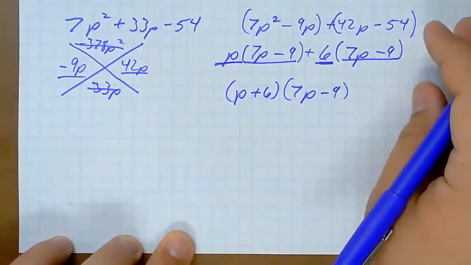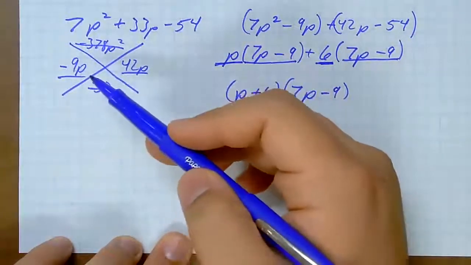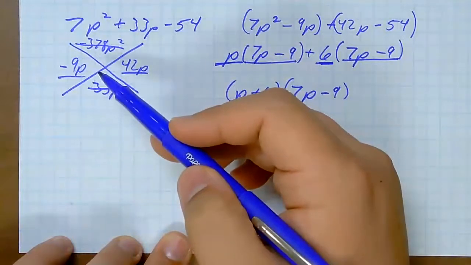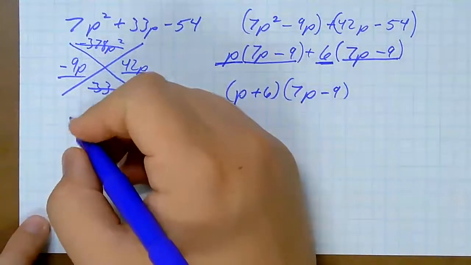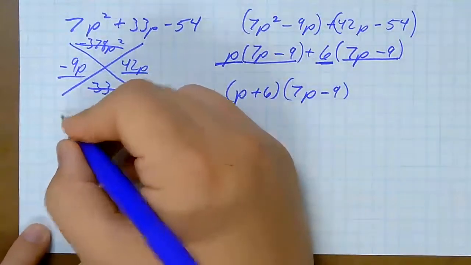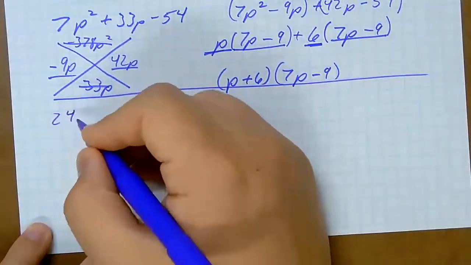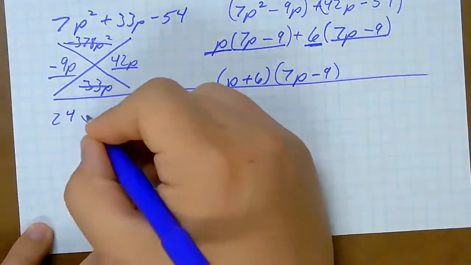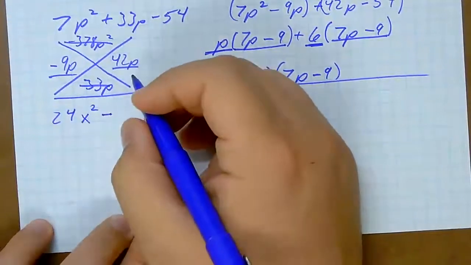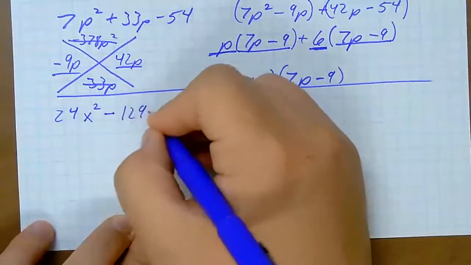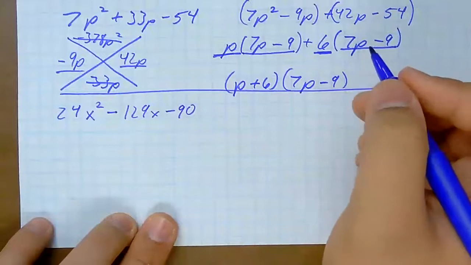Okay. We're going to do one more together, and I'll show you why putting the negative on the left side is more helpful. Let's see, we have 24x squared minus 129x minus 90.